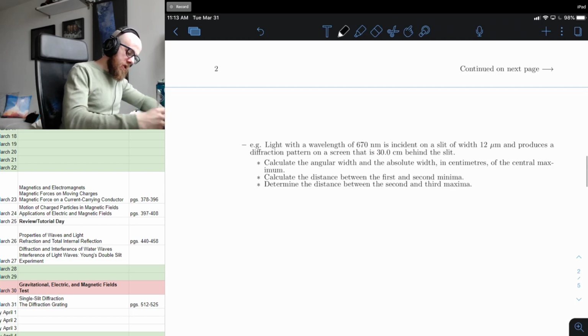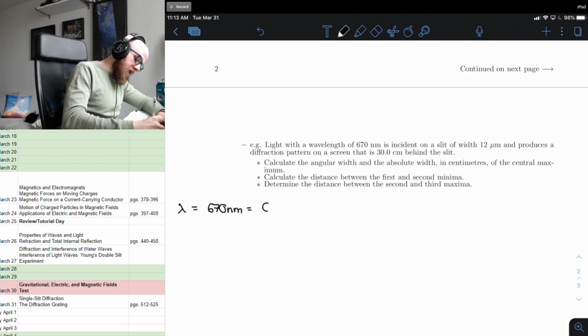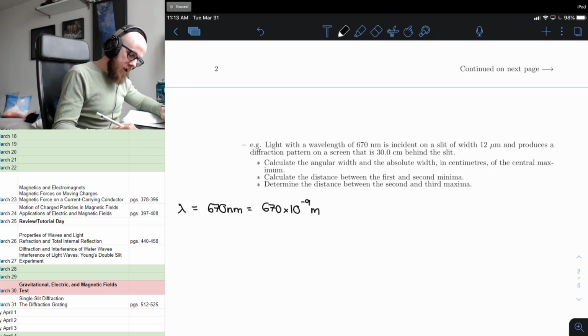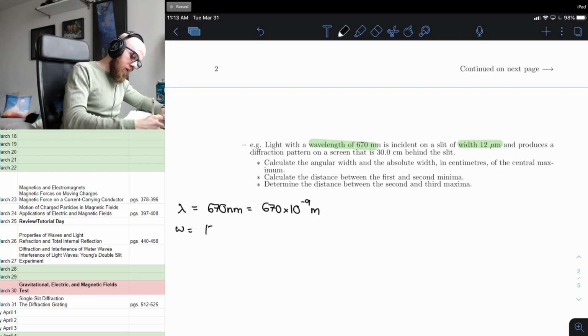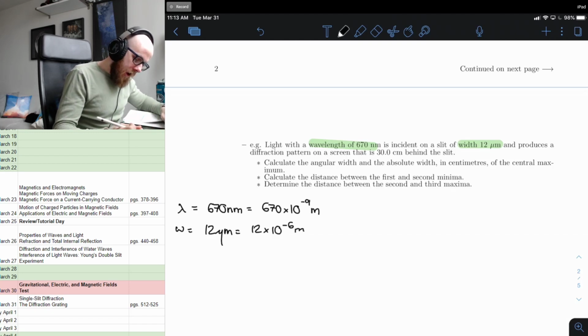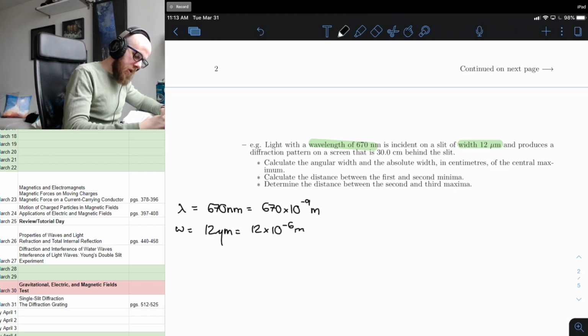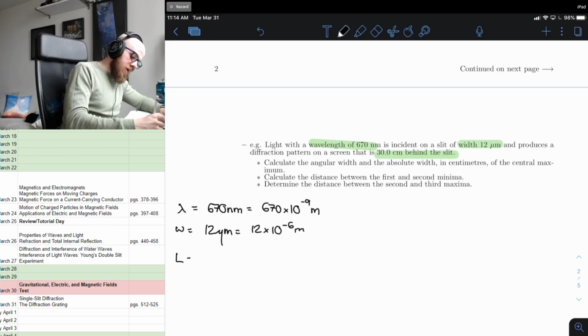Light with a wavelength of 670 nanometers, which is 670 times 10 to the negative 9 meters, is incident on a slit with width 12 micrometers, so W equals 12 times 10 to the negative 6 meters, and produces a diffraction pattern on a screen that is 30 centimeters behind the slit. So L equals 0.3 meters.